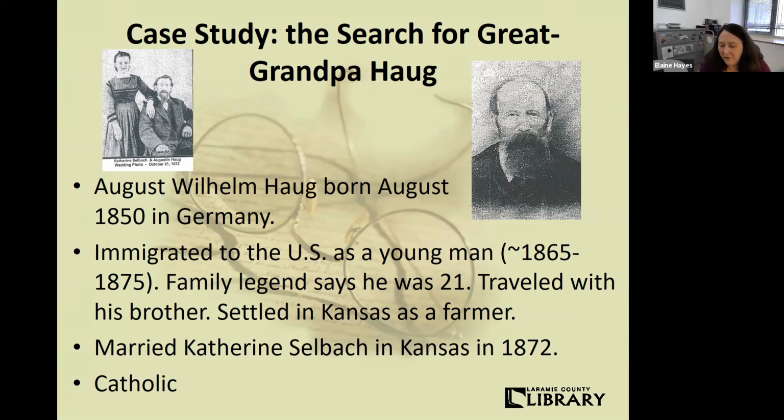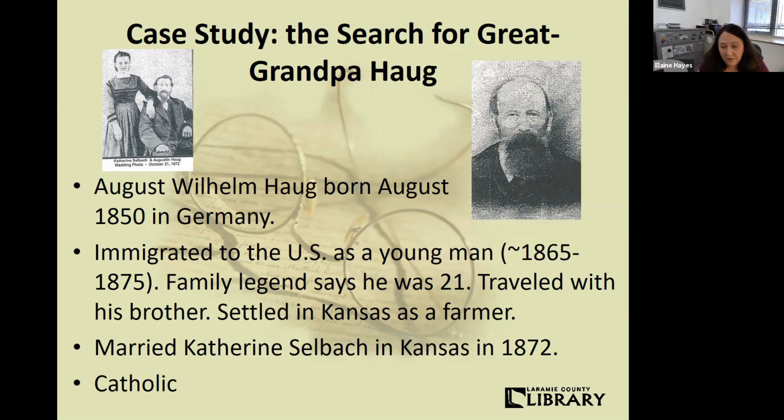I know when they got married, but I knew a little bit about August Haug, and one of the things I knew about him was that he was born in Germany about 1850, and that he immigrated to the US.